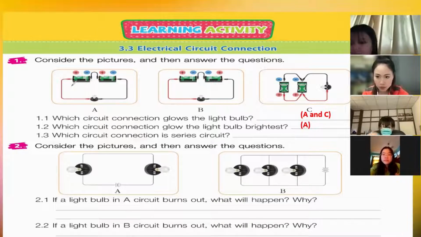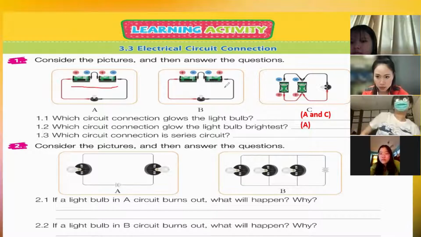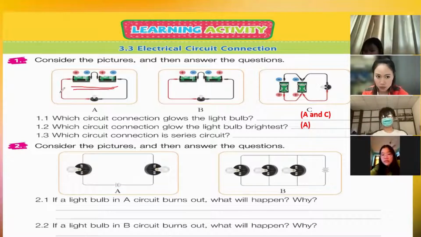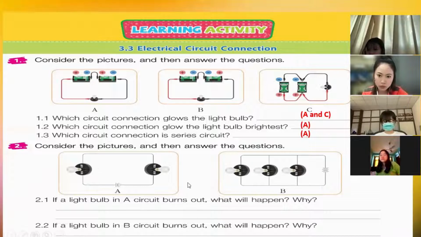Look at the batteries. One is parallel, the other one is series. Circuit connection A, that's a series circuit. So the answer is A.